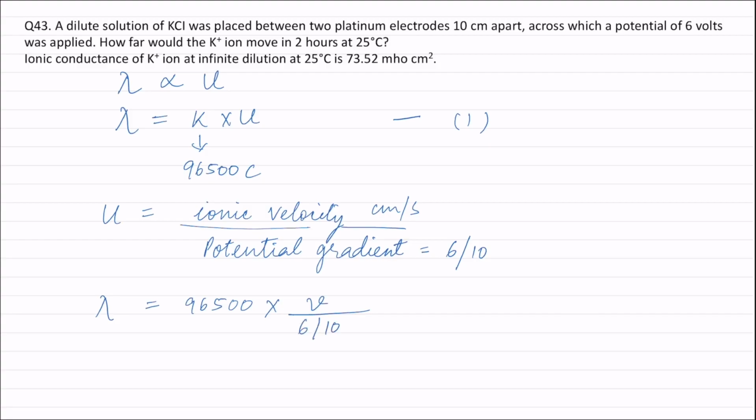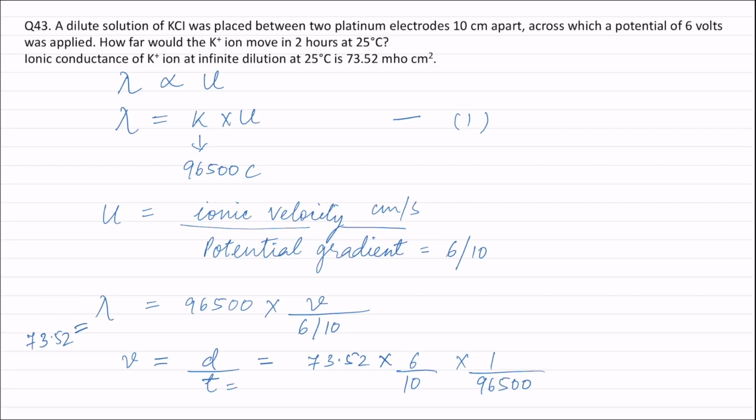The equivalent ionic conductance of potassium ion at infinite dilution is given in the question as 73.52 per ohm centimeter square. Now from this, the value of ionic velocity, which is equal to distance by time, is equal to 73.52 into 6 by 10 into 1 by 96500.